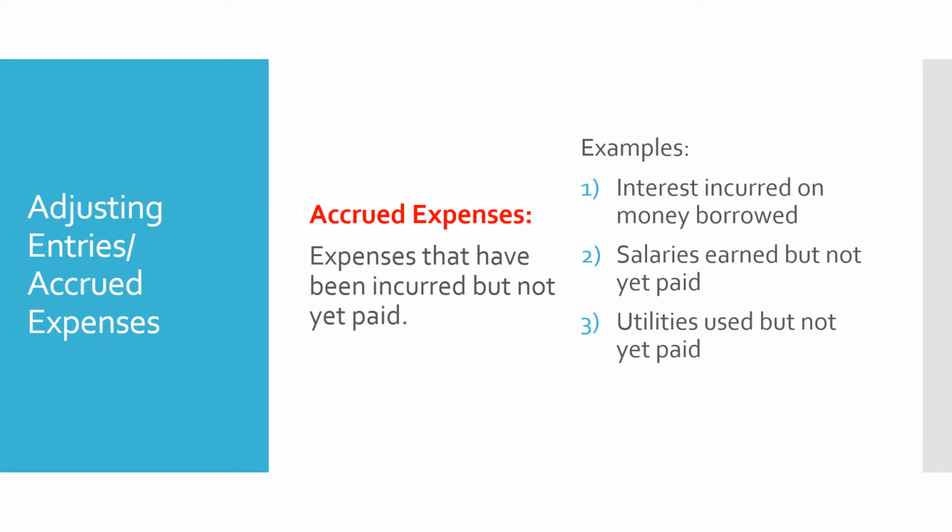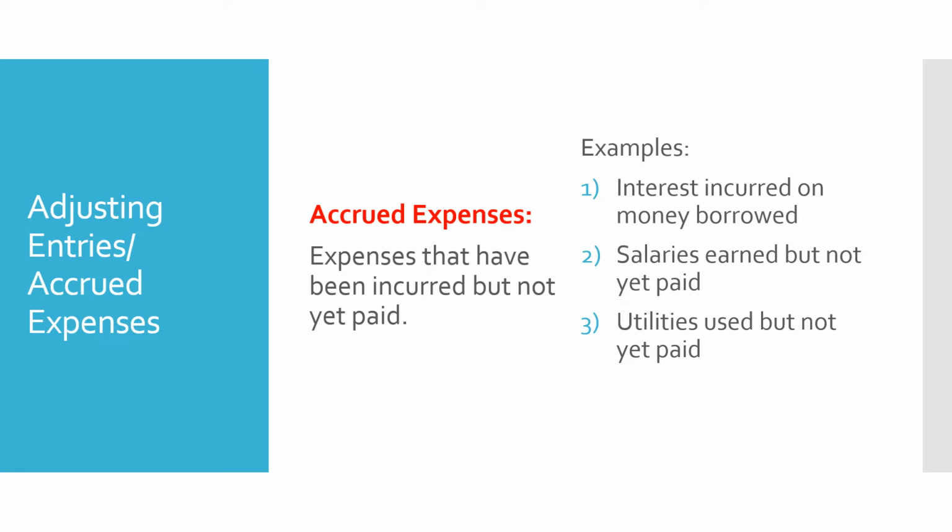And at that point, you need to recognize that in addition to the amount of money that you borrowed, you owe an additional amount for interest, and that needs to be recorded in an adjusting entry. So that's an example of an accrued expense. You have incurred that interest expense, but you haven't paid it yet.